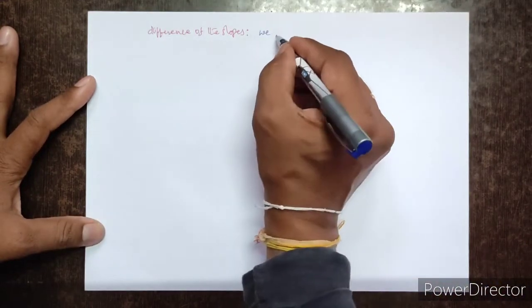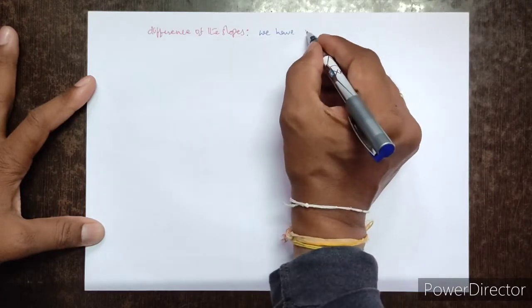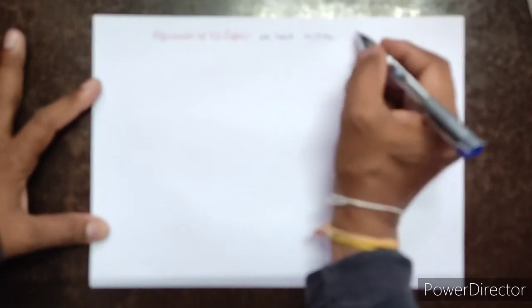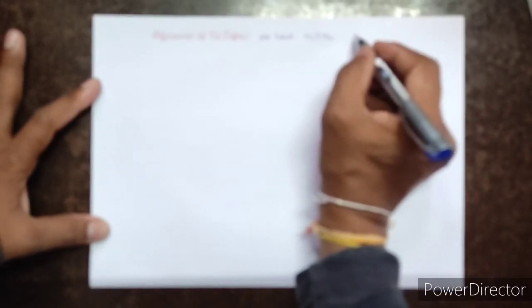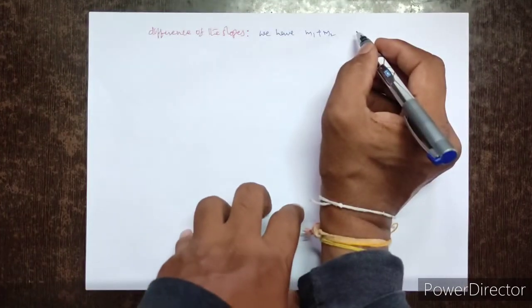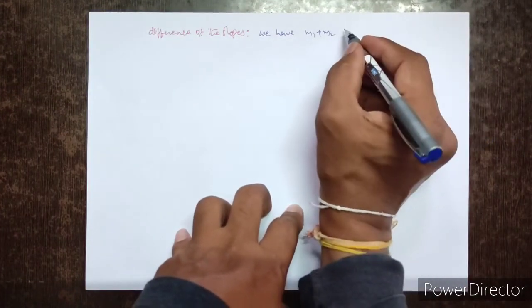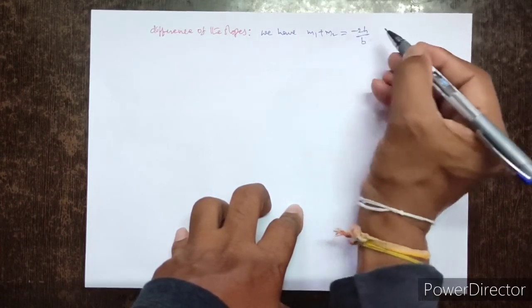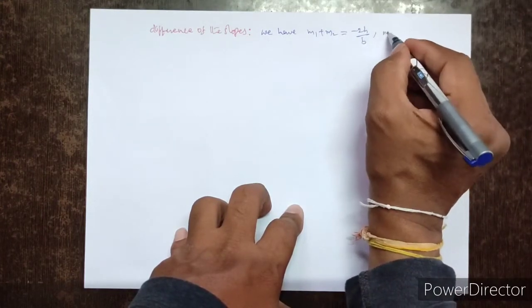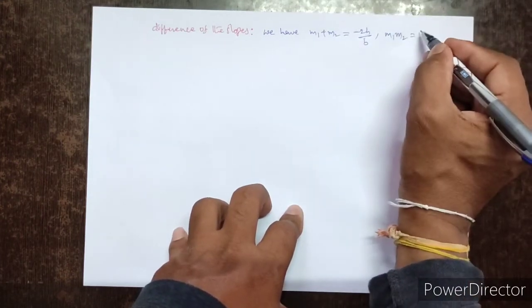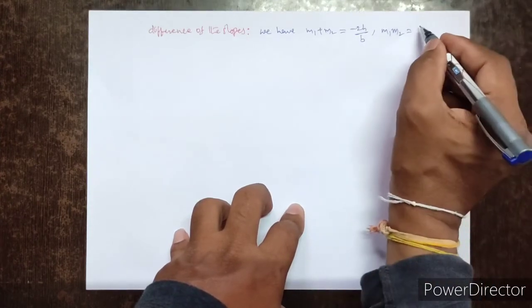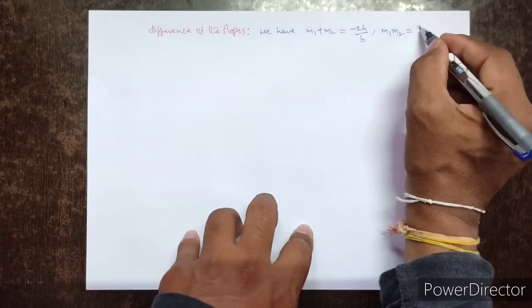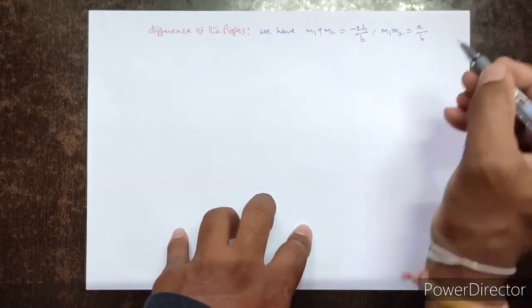Already we have the sum of the slopes, m1 plus m2 equal to minus 2h by b, and product of the slopes is nothing but a by b.